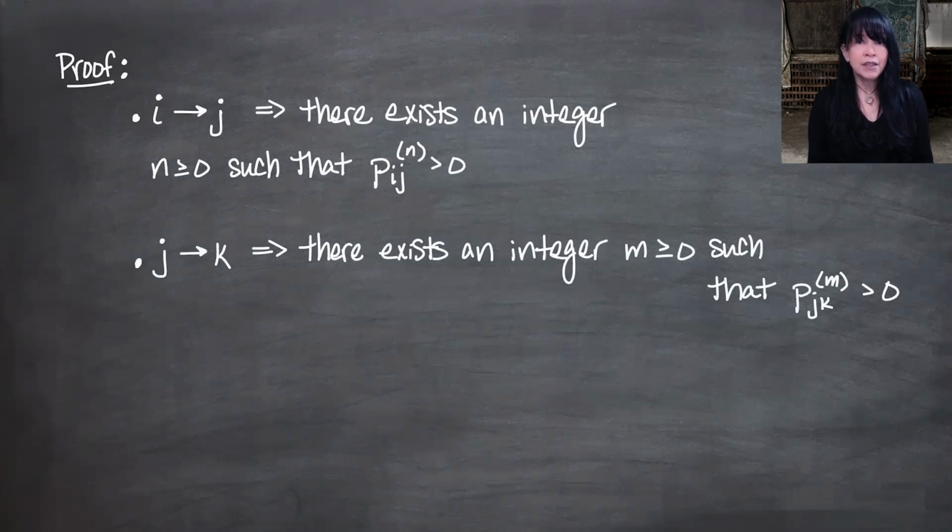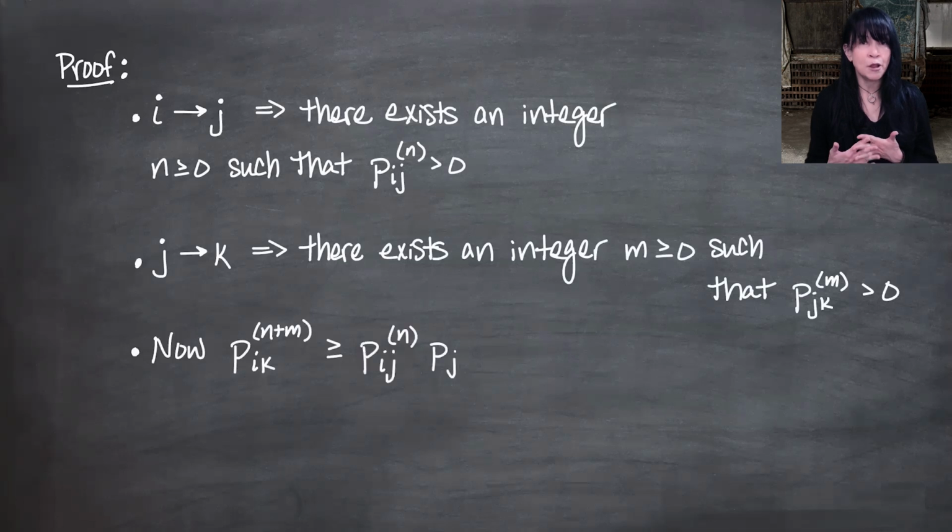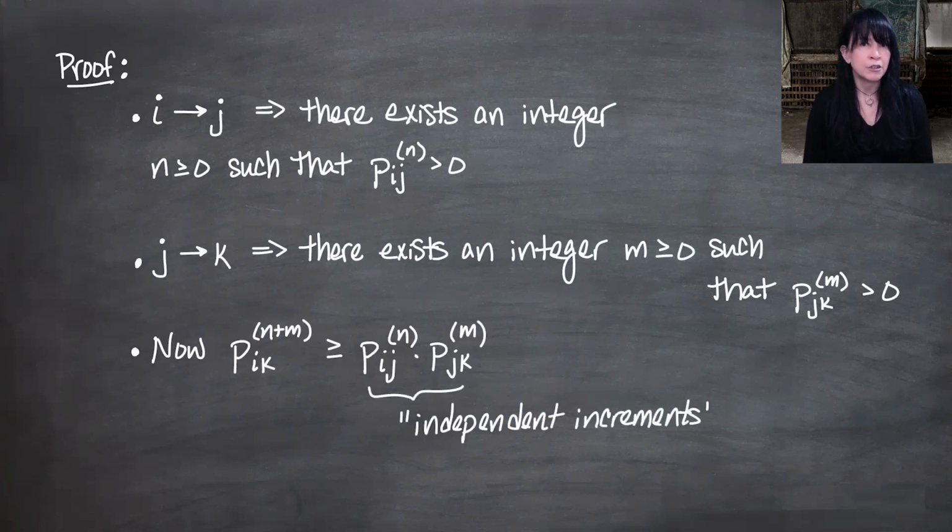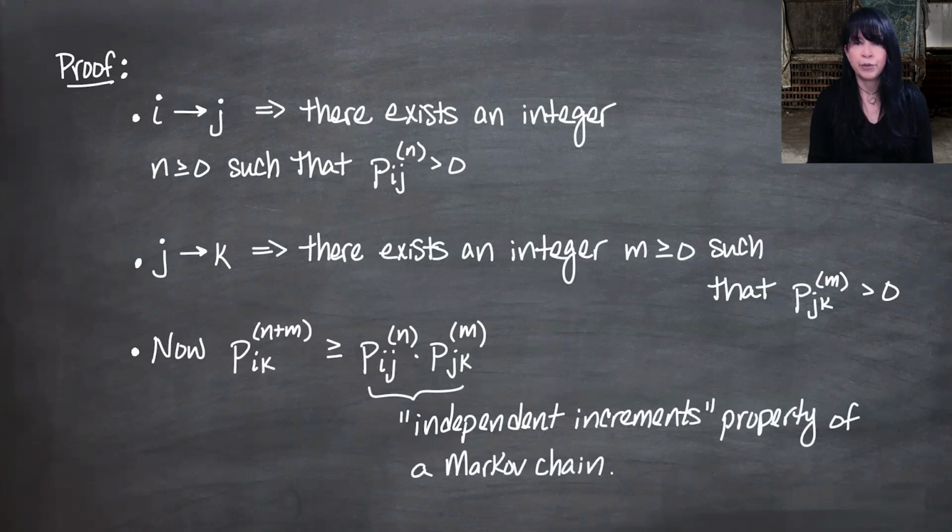Now, I claim that we now have that the probability of going from I to K in n plus m steps is greater than or equal to the product of these 2 probabilities. I am using the independent increments property of a Markov chain, and we do have a greater than or equal to because there may be other ways to go all the way from state I to state K in n plus m steps, even ways that don't involve the state J at all.